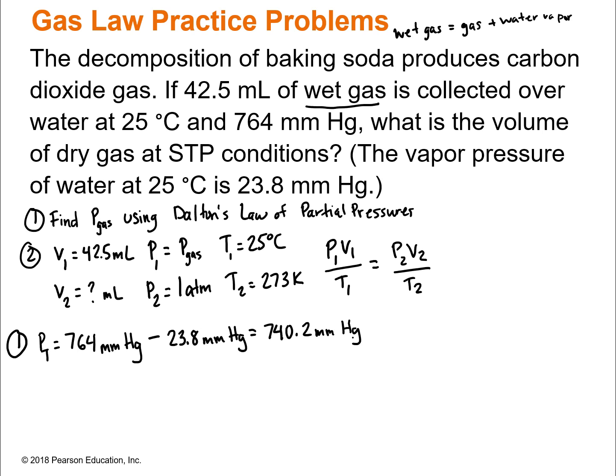This is the pressure of our carbon dioxide gas. Next, we have to use the combined gas law. Before we use it, we want to cross multiply to make our lives a bit easier.